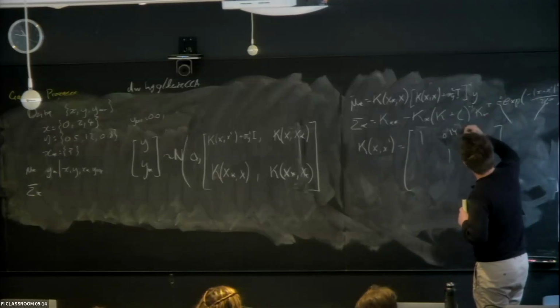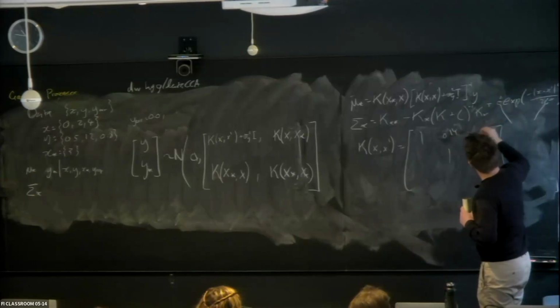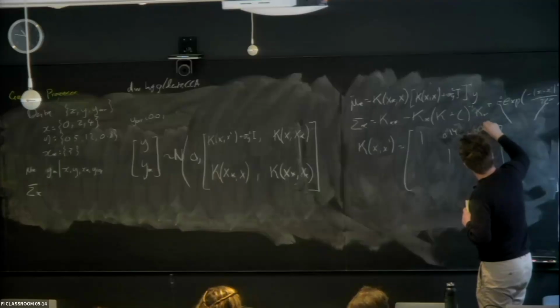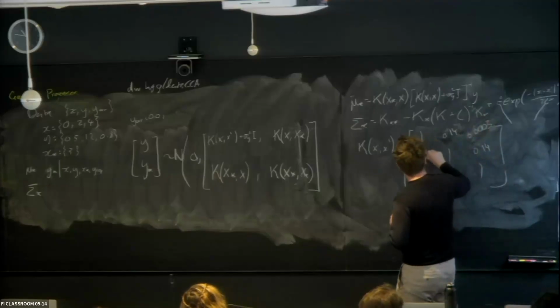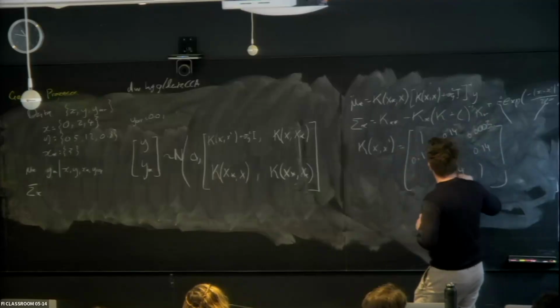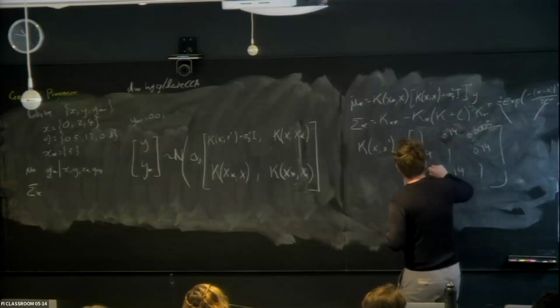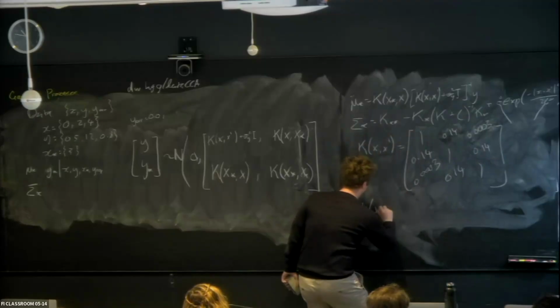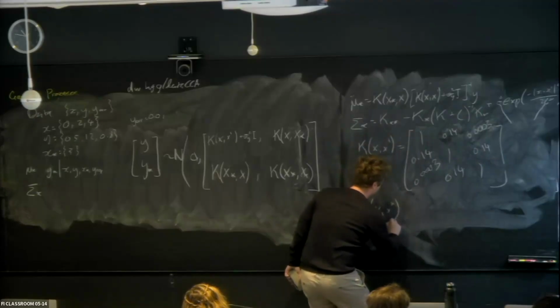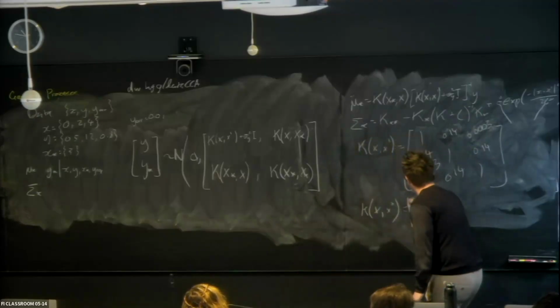And up here we're going to have K(0,4), which, if you have an abacus, comes out to 0.0003. And then we'll have the same on the other side, there's a symmetry, 0.0003. We'll need to do the same thing for K of x and x star, but thankfully we only have one data point that we have to do this for.